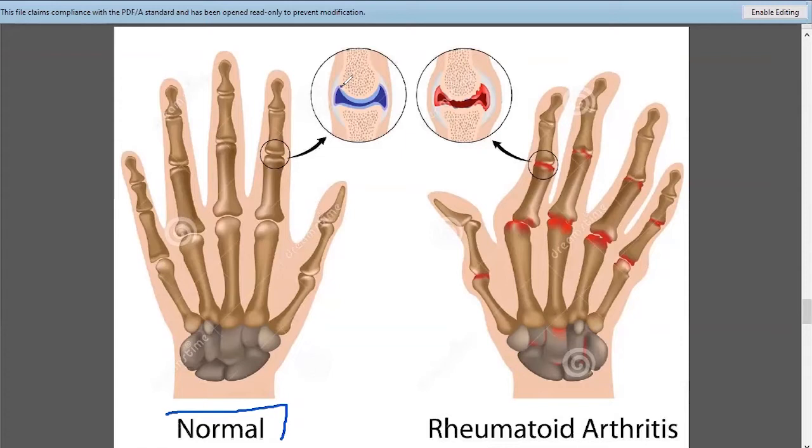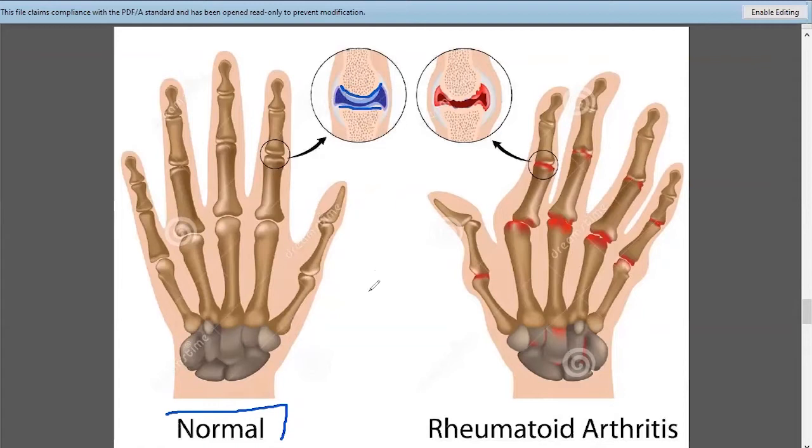So we have the surface covered by cartilage. And then we have two layers of membrane covering the cartilage. And we have a space between, and a little bit of liquid in the space.